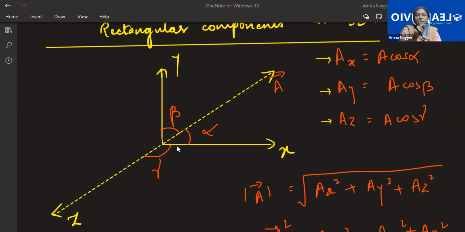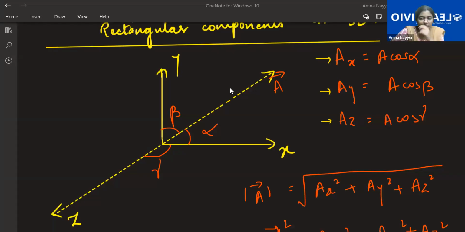X and Y is something else, Y and this is something else, this and this is something else. When all these are at 90 degrees to each other, it becomes a proper axis. So getting these components back along the 3 dimensions is what is meant by resolution of components along 3D.